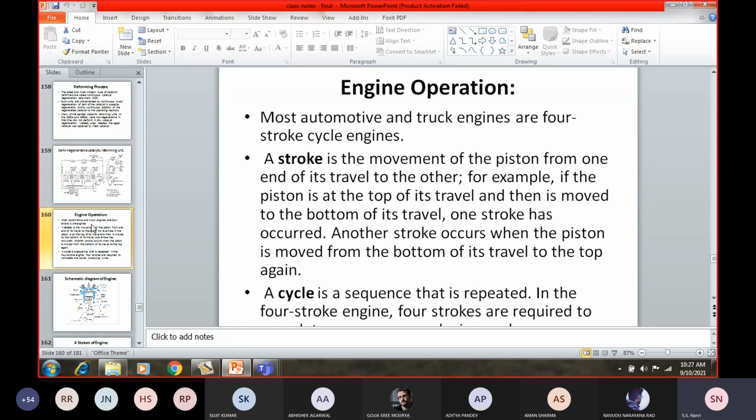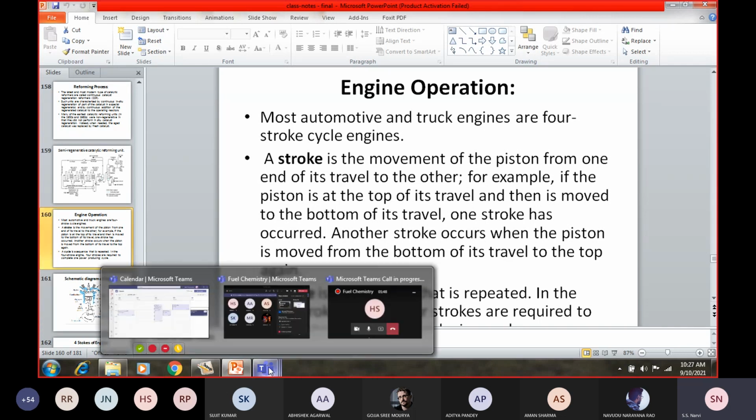In the engine operation, let us go first of all to download the attendance.